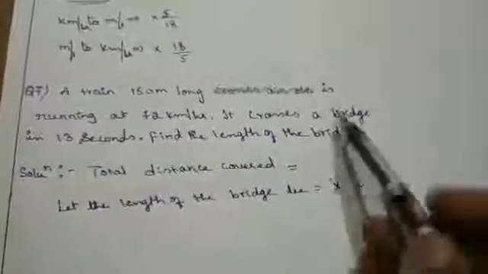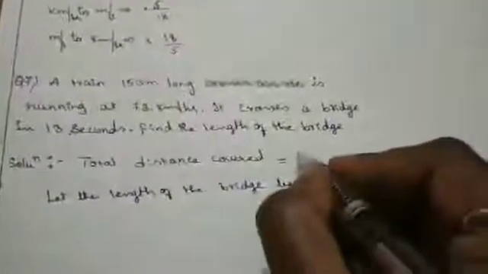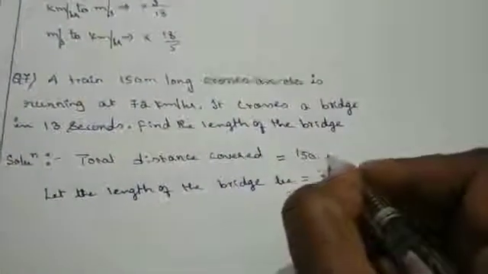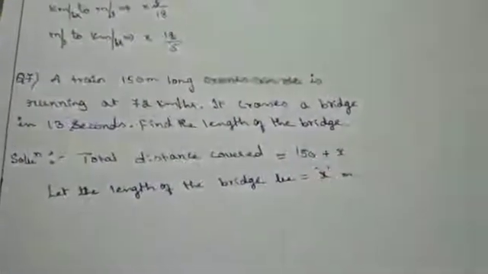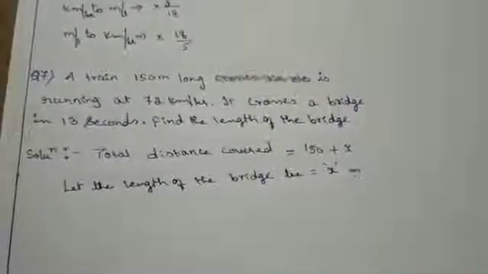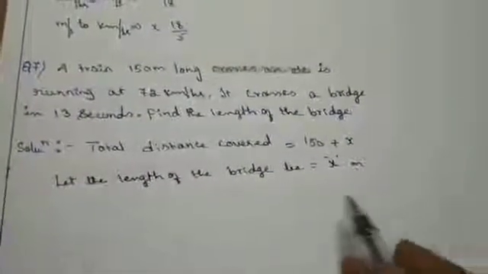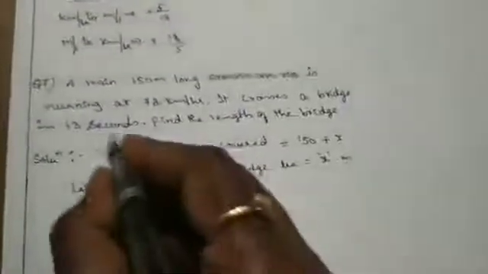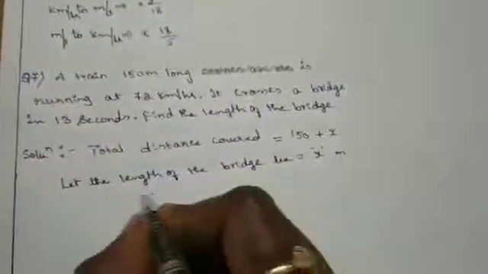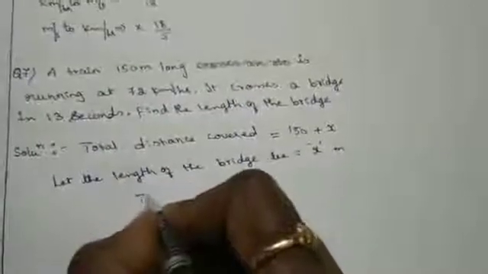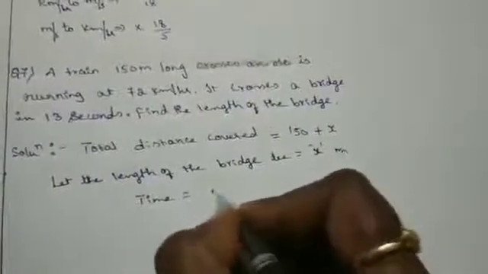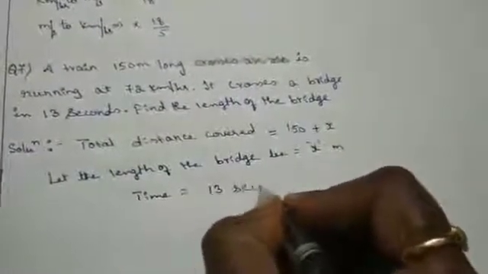Then total distance covered is equal to the length of the train plus the length of the bridge. So this is the total distance. Now we have to prepare a table. Sorry, here a table is not required. Time taken is 13 seconds. Time equal to 13 seconds.